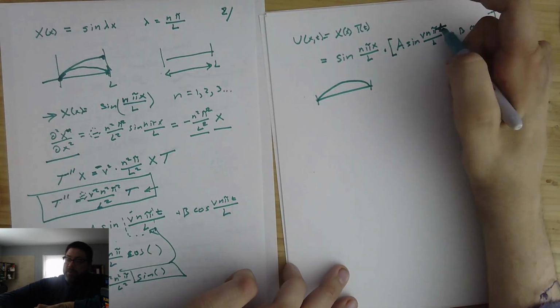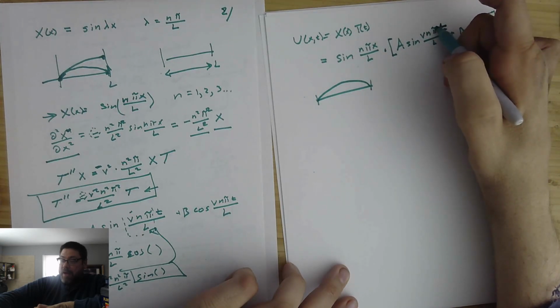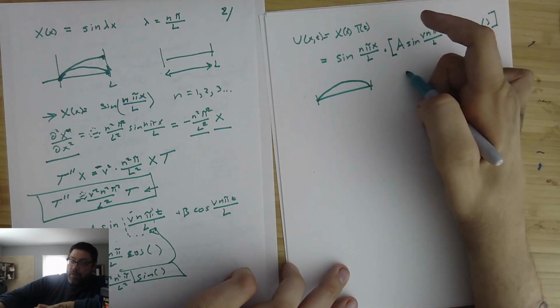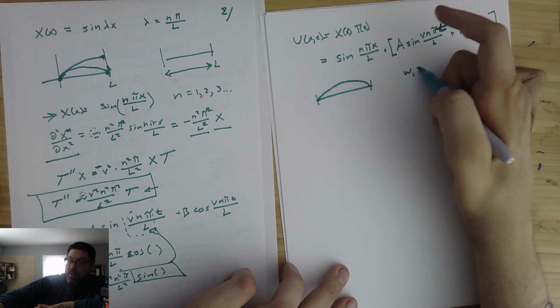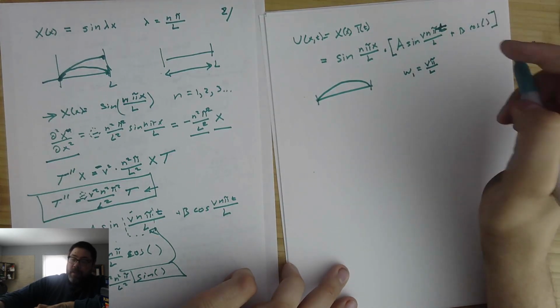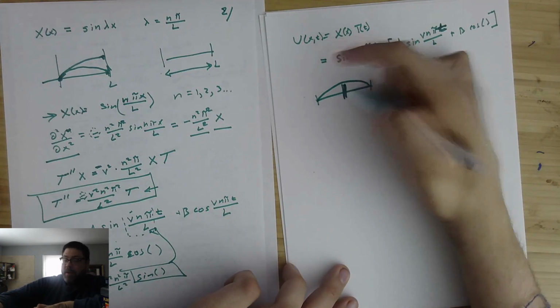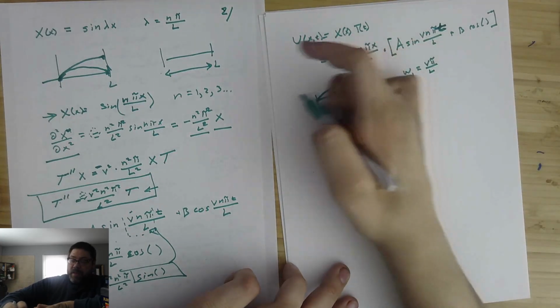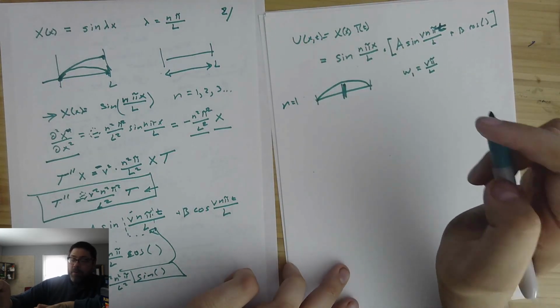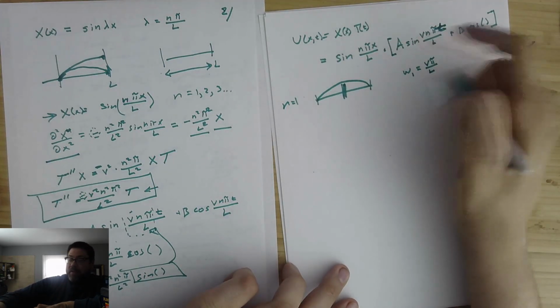So this thing is going to vibrate with an angular frequency of v times pi over L. So omega 1 just equals v pi over L. And that tells me how fast this is going to vibrate up and down and up and down. That would be the n equals 1 mode, right? So the nth eigenvector is this function, the nth eigenvalue.